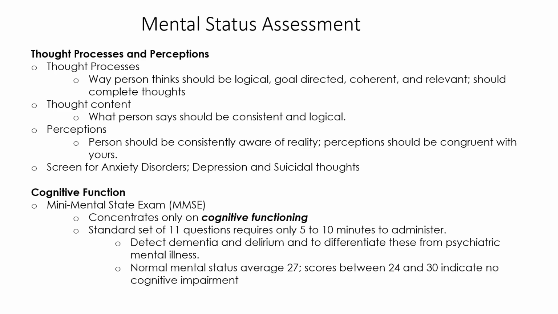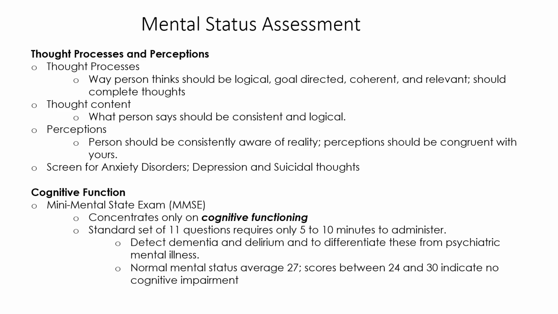The thought process, you want to make sure that they are thinking logically, goal-directed, they're coherent and relevant. They should be able to complete their thoughts. What the person says should be consistent and logical. The client should be able to consistently be aware of reality. Perception should be congruent with yours.